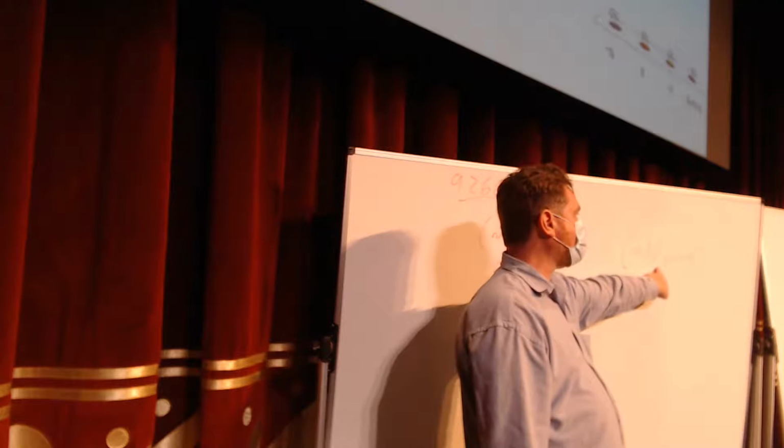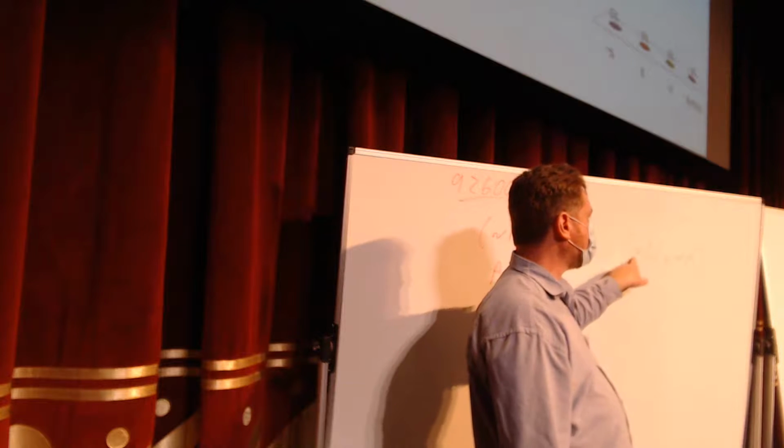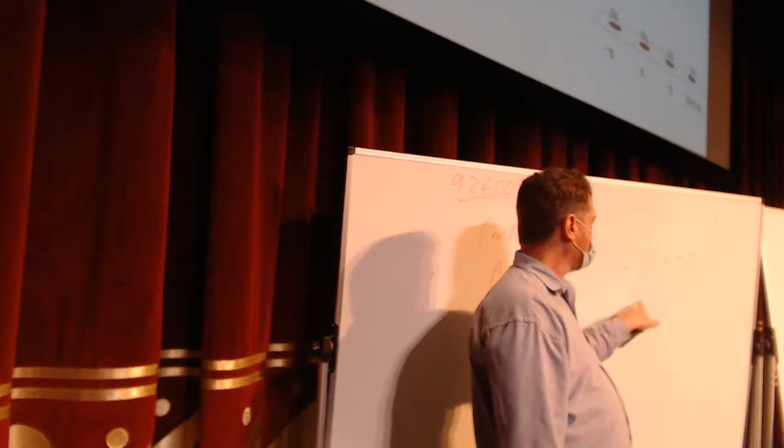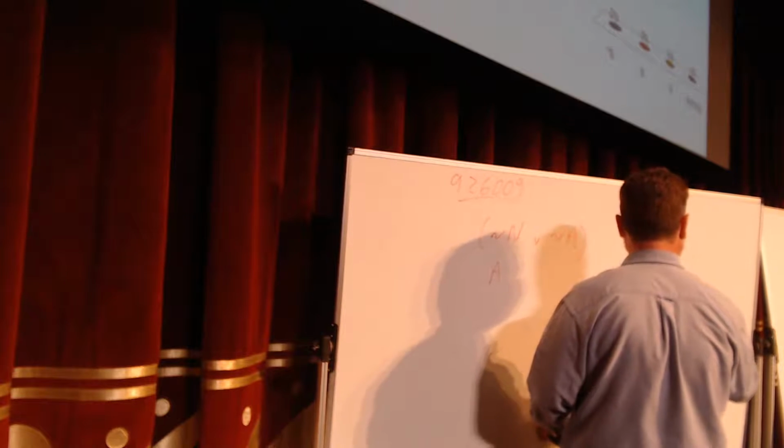We need the opposite of one of the halves. So we either need the opposite of not N, which would be N, or we need the opposite of not A, which would be A. So we have that. And we are left with not N.